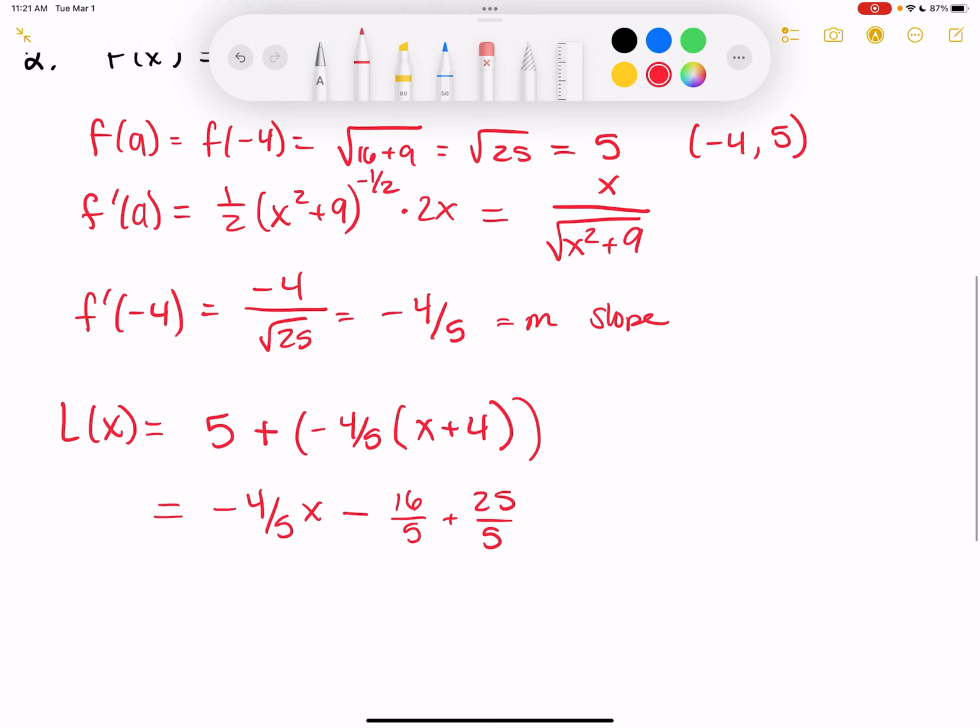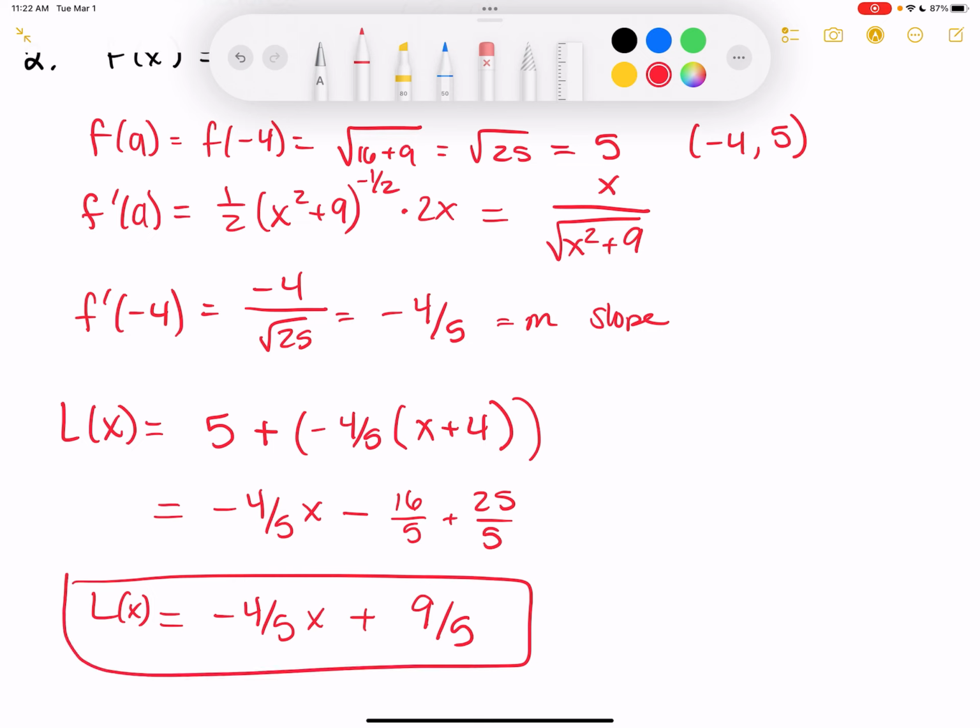So that simplifies to L of x equals negative 4/5 x plus 9/5. So this is part A.